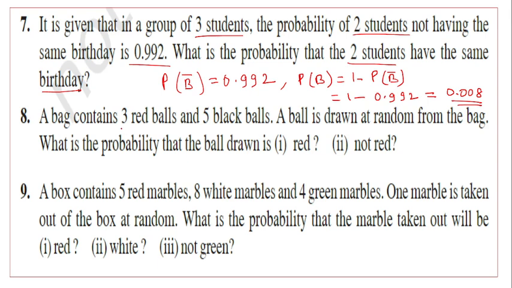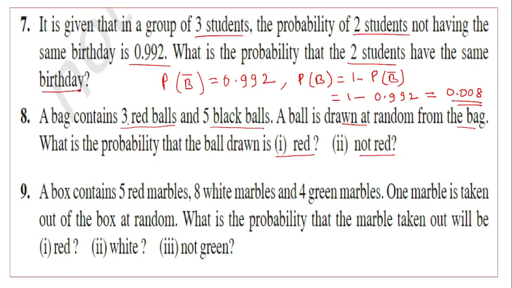A bag contains 3 red balls and 5 black balls. A ball is drawn at random from the bag. What is the probability that the ball drawn is red and not red?